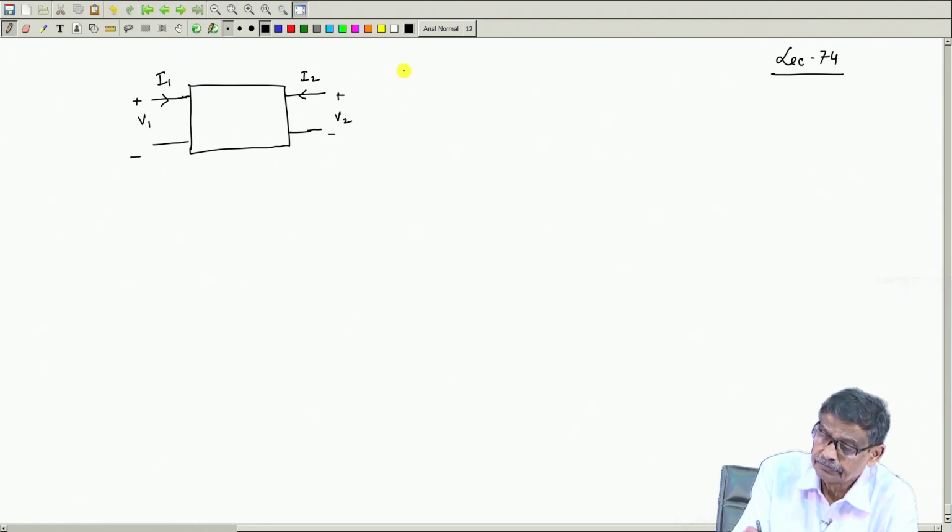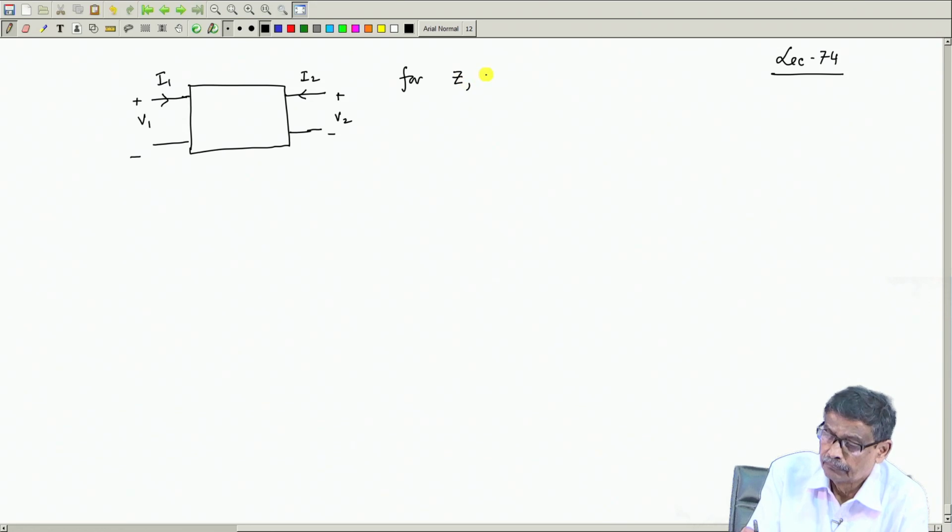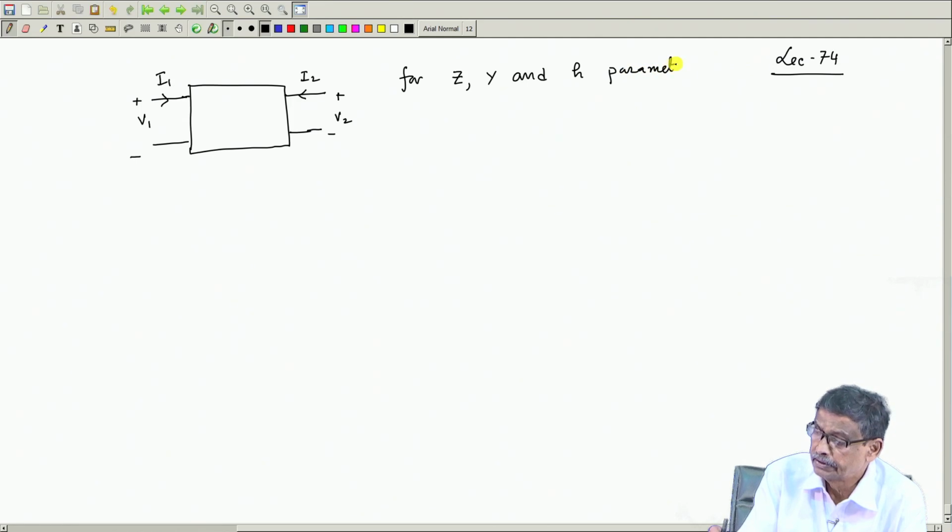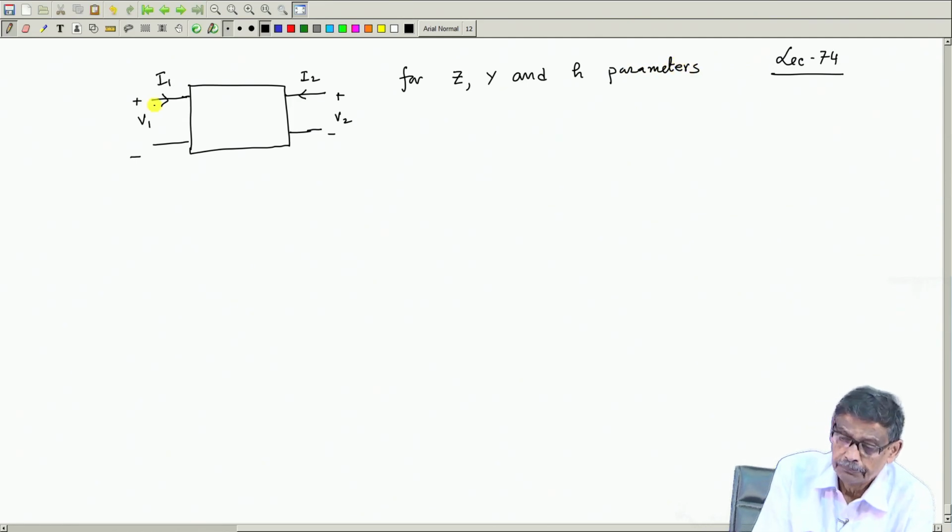This is the convention for Z, Y and H parameters. We will always assume that both the port currents are going into the network.